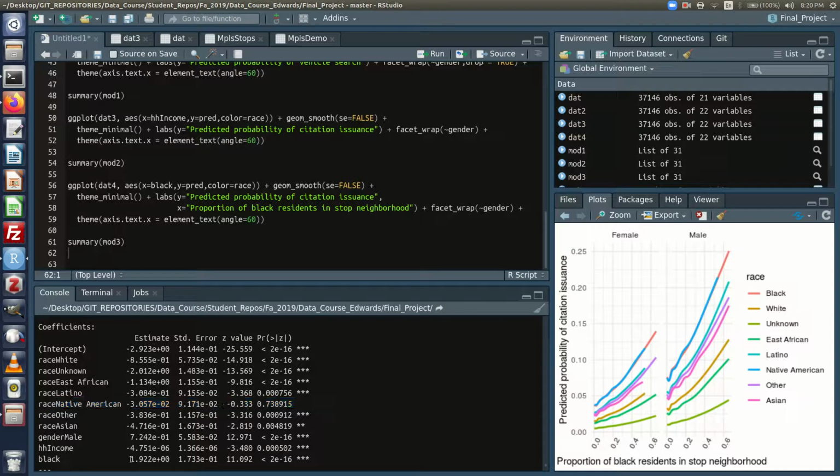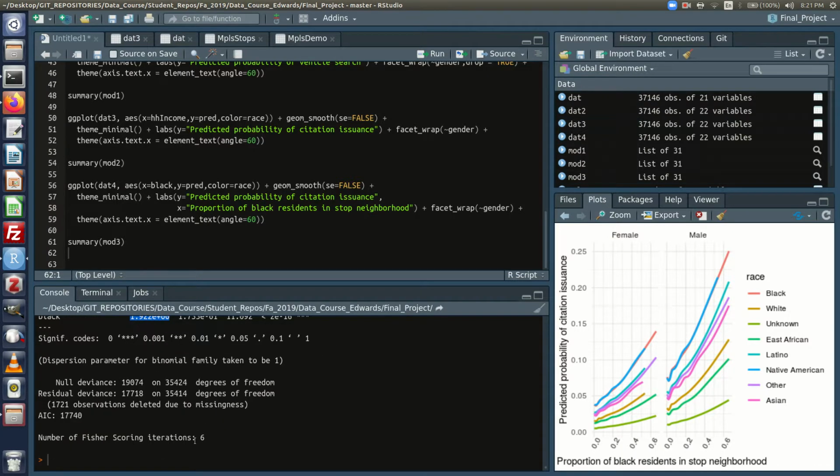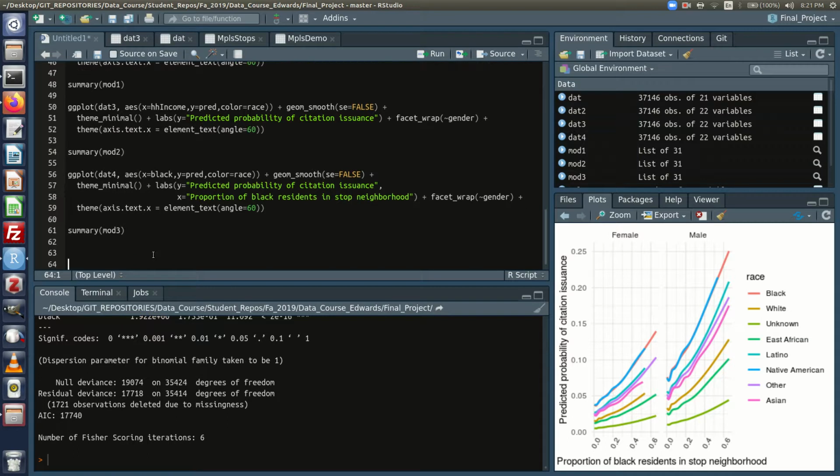Your probability of having a citation issued, regardless of your race, goes up 1.9% for every increase of 0.1 in the proportion of black residents in that neighborhood. So regardless of your race. Interesting stuff. Shows you the power of logistic regressions.